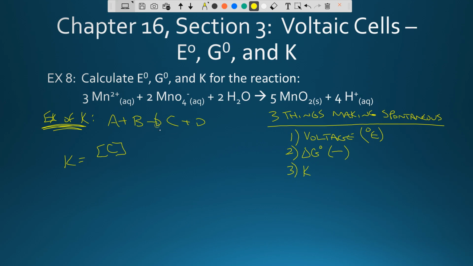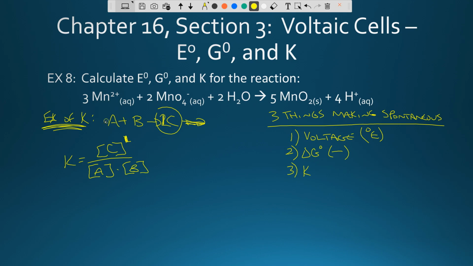Now, what I do is I take a look at my coefficients in front. If I have a 1 in front, then I have a 1 in front here. If this ended up being 2, I would need 2, and so on. But in this case, we just had a 1. Then my spontaneity is going to be a measurement of my products over the concentration of my reactants.